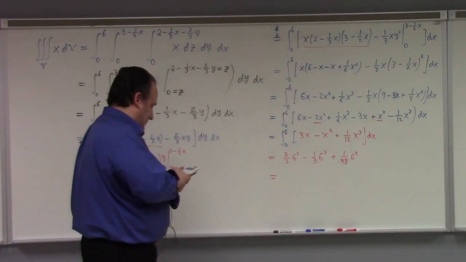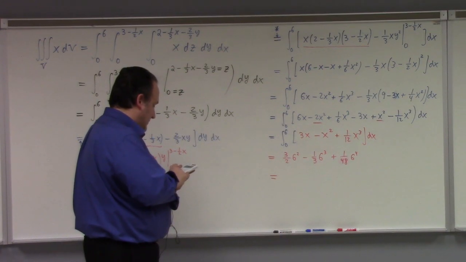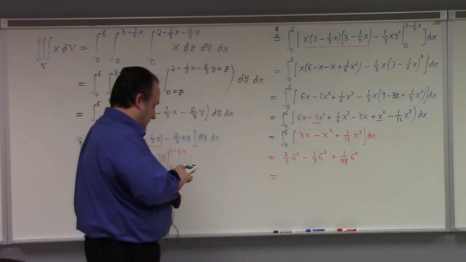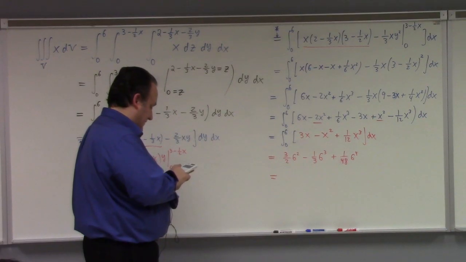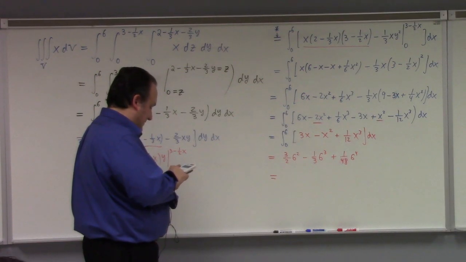All right, what we got? 36. 36 times a 3 divided by a 2. 54 is the first term. Minus 6 cubed divided by a 3. Nope, get back. Not that divides, this divides.